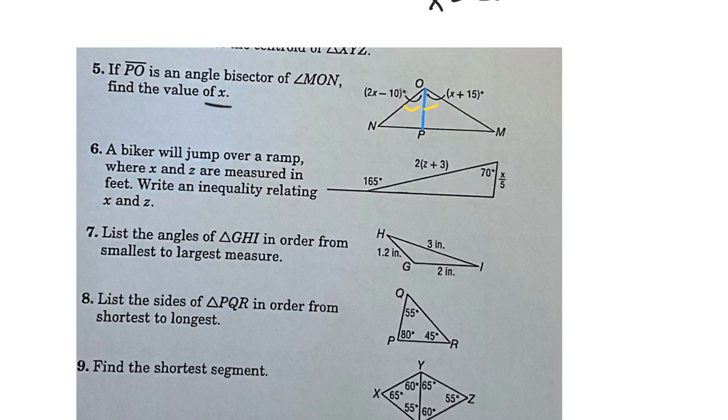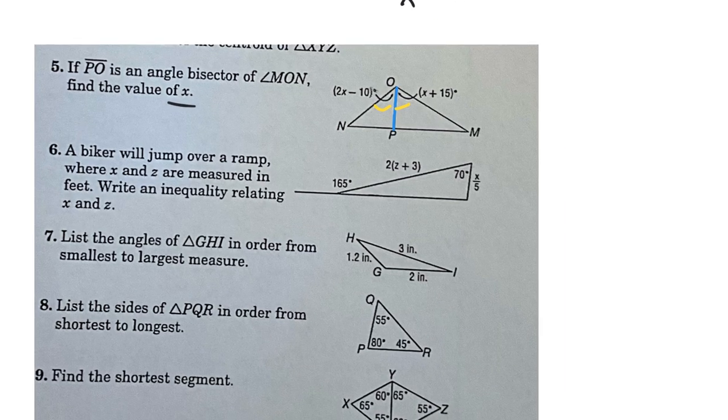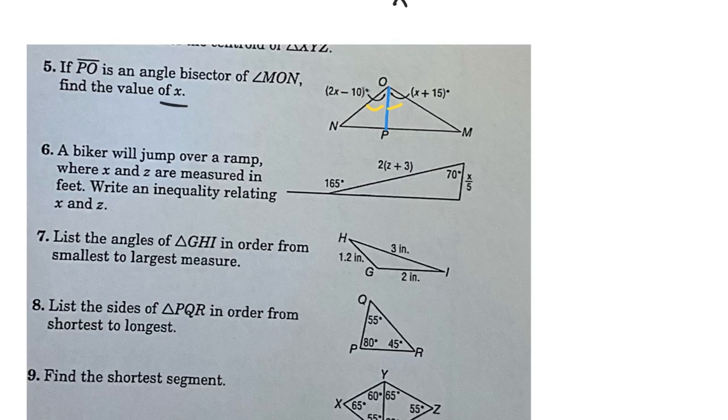Well, even if we don't know exactly the path to victory here, let's be clear. They want us to write not an equation that features z and x, but an inequality that features z and x.